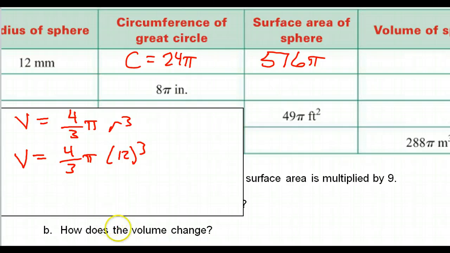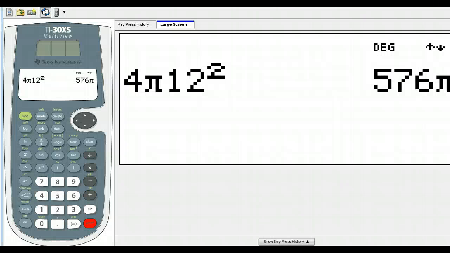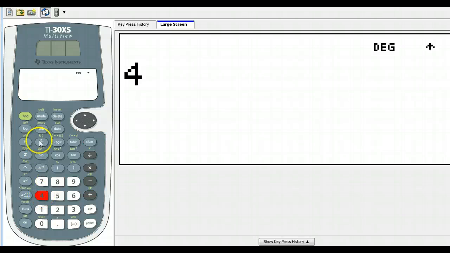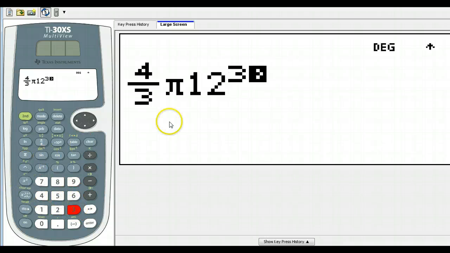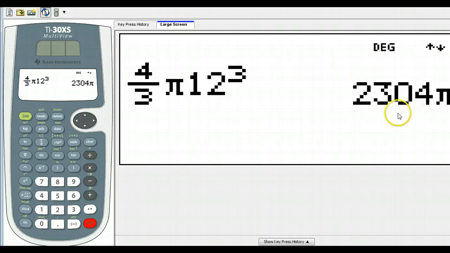Alright, let's give the calculator a try first. So 4/3 pi times the radius 12 to the third power. I had to use the caret to get the third power. 4/3 pi radius cubed. Calculator handles it nicely.